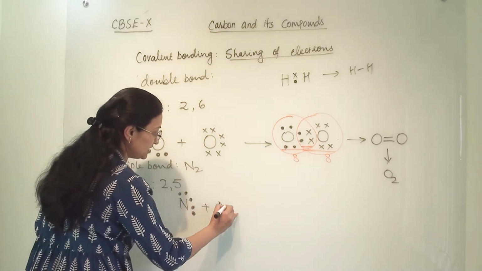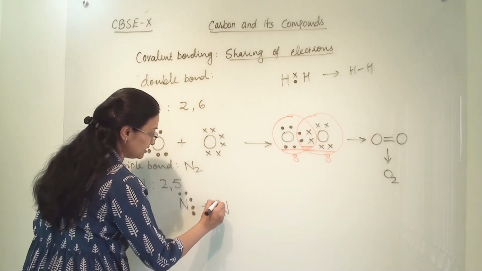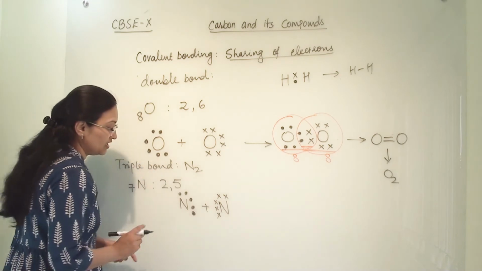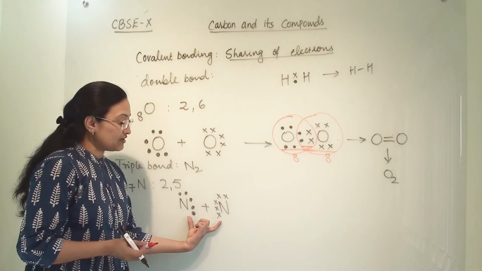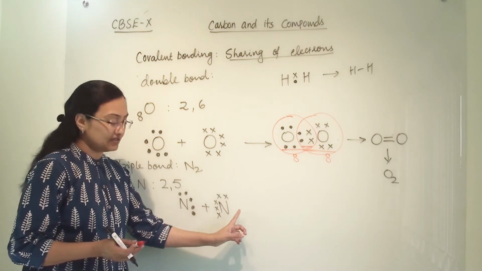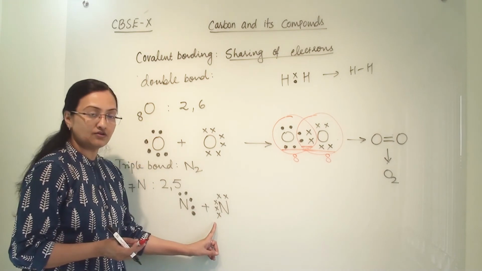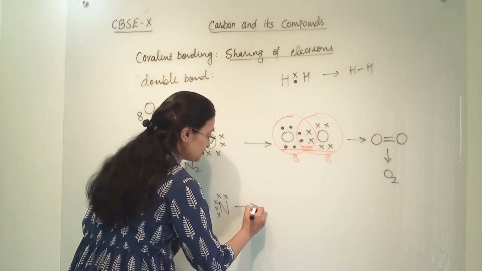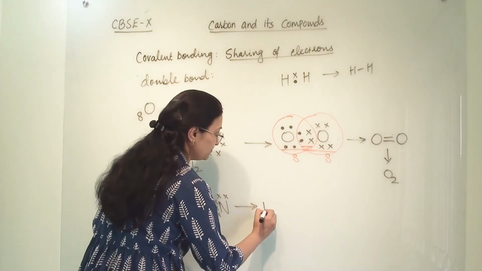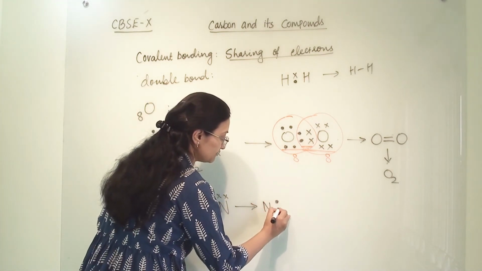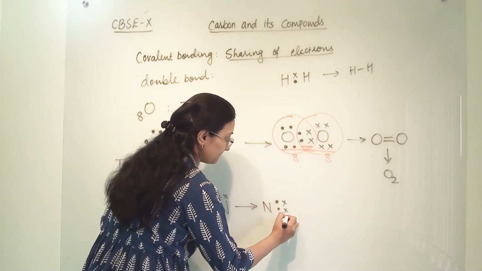Now with another nitrogen, 1, 2 and 3, 1 and 2. It is easy when we are showing all the 3 in one line. That's why we are showing 3 electrons here. Now when they are sharing these 3 electrons, it will become like this.